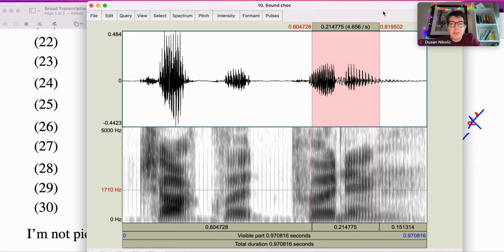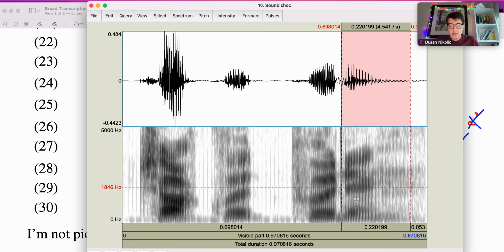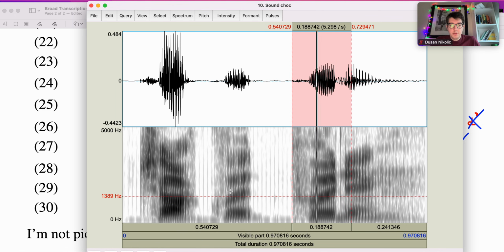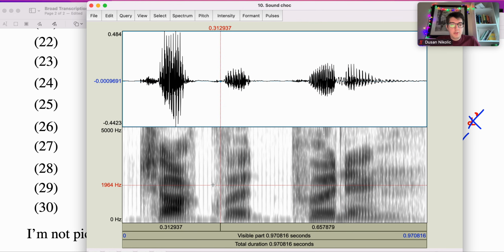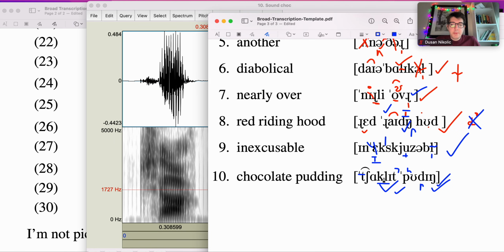Stress mark is here. Let me see whether Pudding. Yeah. Pudding. Because it's in the back, maybe you can velarize this all clit.